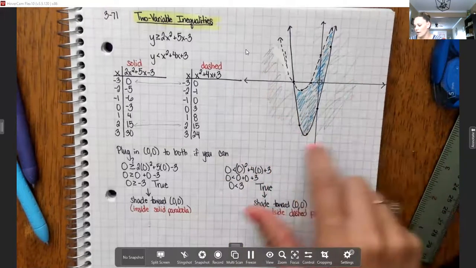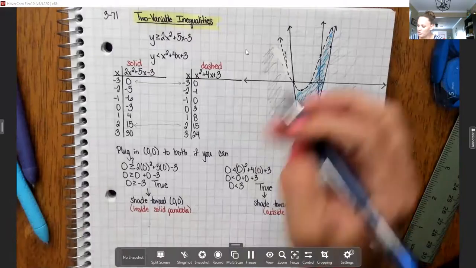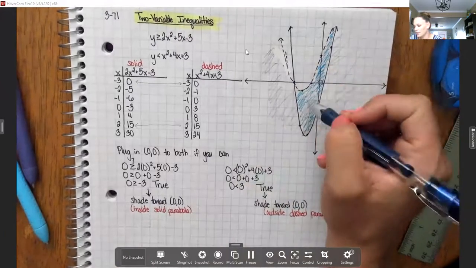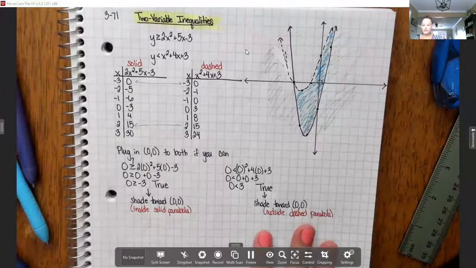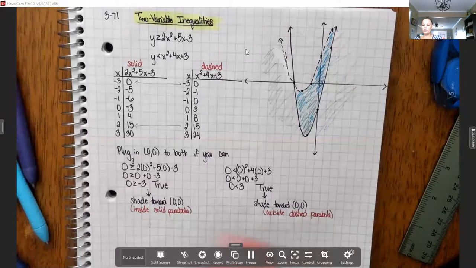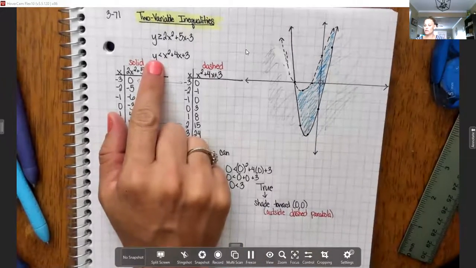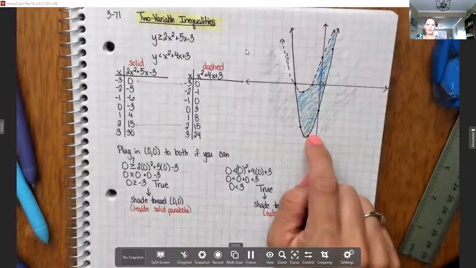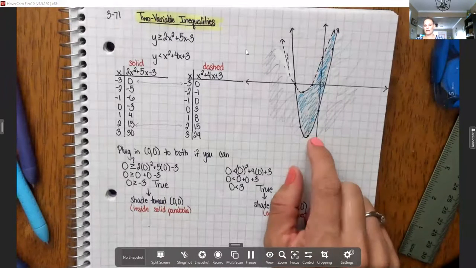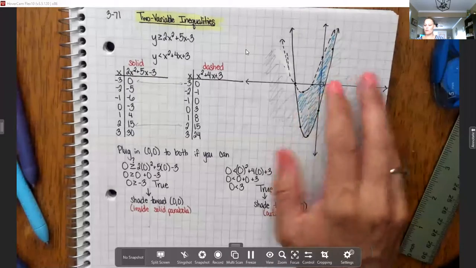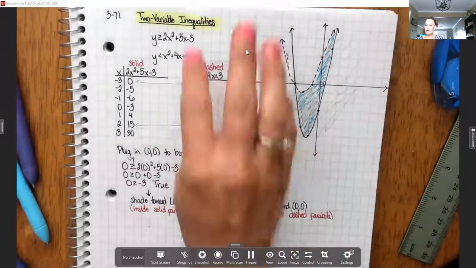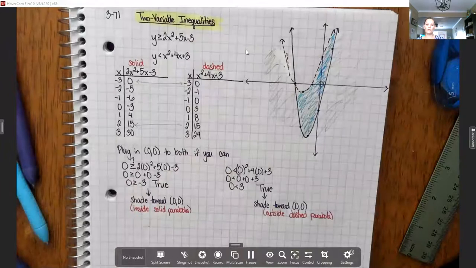I shaded outside of this one, which sometimes people draw with arrows, and inside of this one. So it gives us this region here. So for two variable inequalities, your answer is going to be shading. We can't write this with a less than or equal to or greater than or equal to. It's this whole region. Every point in this blue would make both of these equations true.